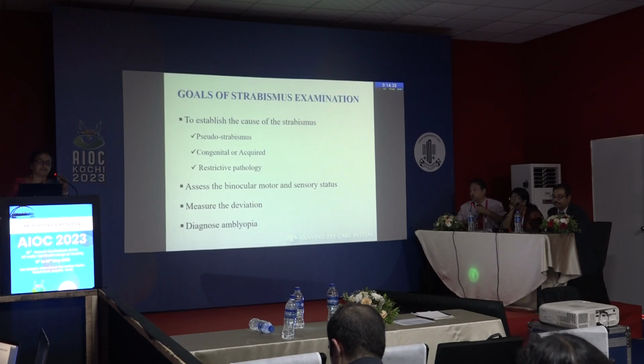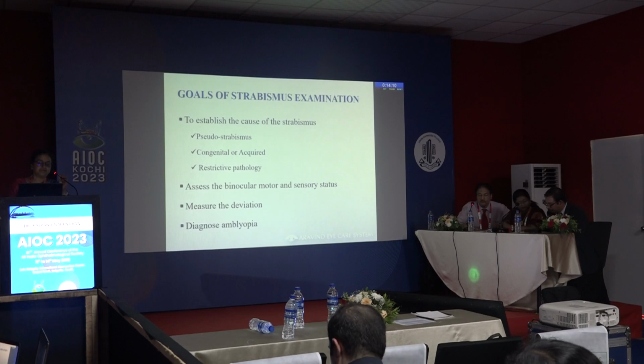So when you talk about strabismus, you have to first fix the goals of strabismus examination. First thing will be to establish the cause of strabismus. What is the reason for strabismus in this patient? And then there is a condition called pseudostrabismus, which we'll be discussing. Then the etiology, whether it is congenital or acquired. And then to rule out any restrictive pathology, because squint can occur because of many reasons.